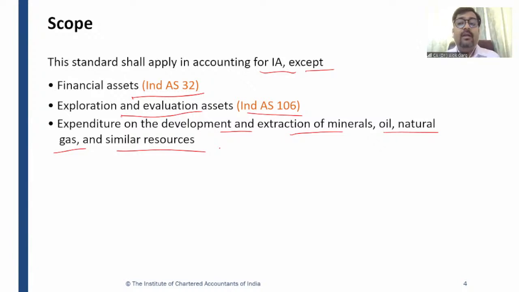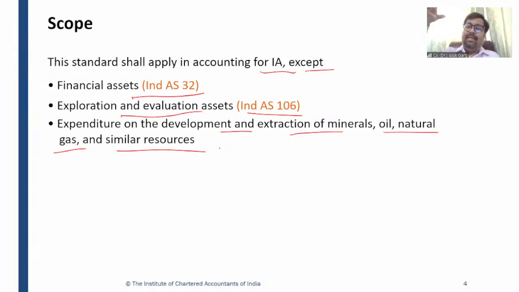Like for example, if Ultratech Cement got a mining right, an excavation right for a coal mine, right? When they are digging out coal and storing it outside on a ground or a plain area, you will see a mountain of coal, right? What is that? That is exploration and evaluation assets, right?